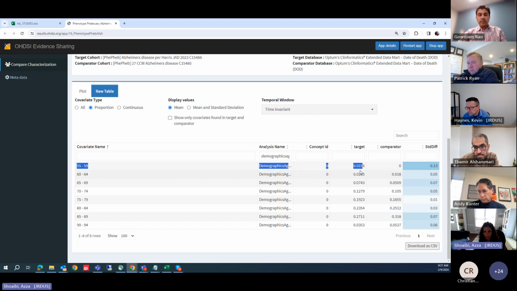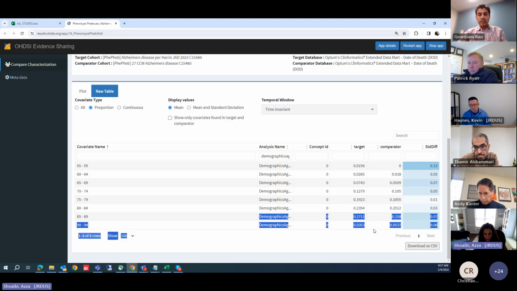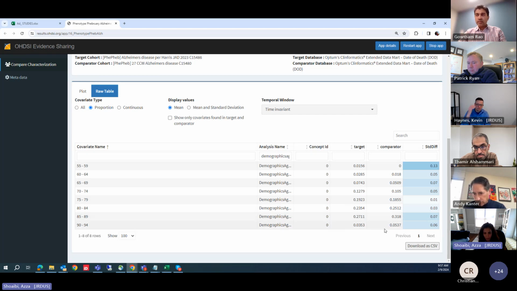So that is 1%. If you look at the older age groups, you see that Harris is picking 27% being in the 85 to 89, while CCW is doing 31. Here you have 3% of those older versus 5%. So there's some variation, but it's not striking.